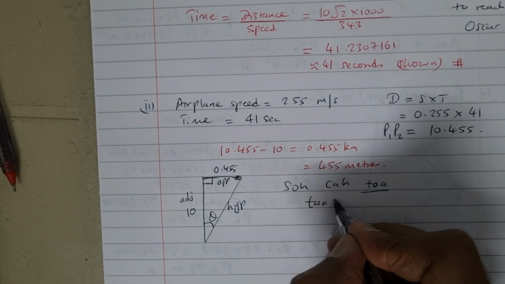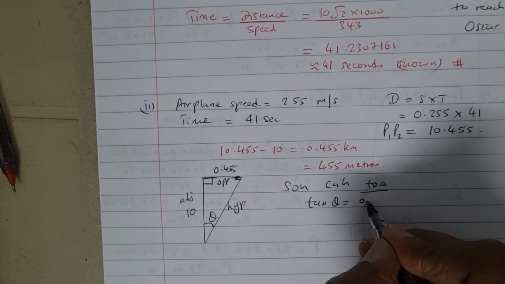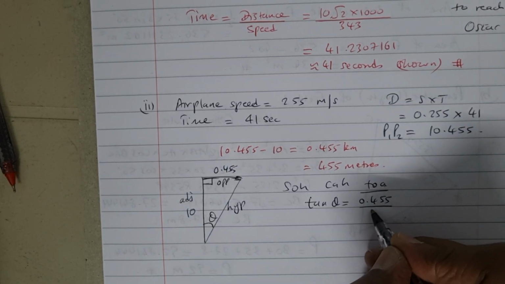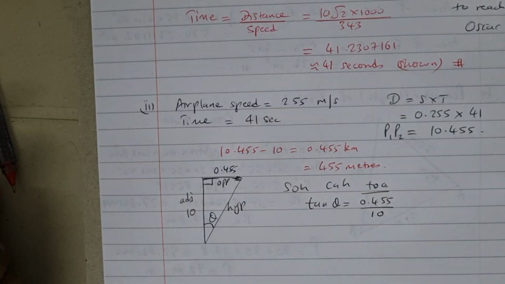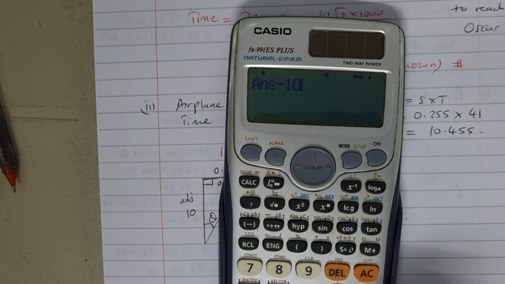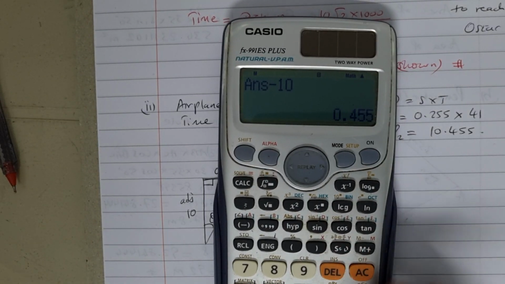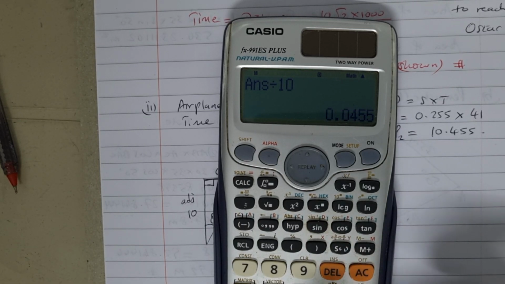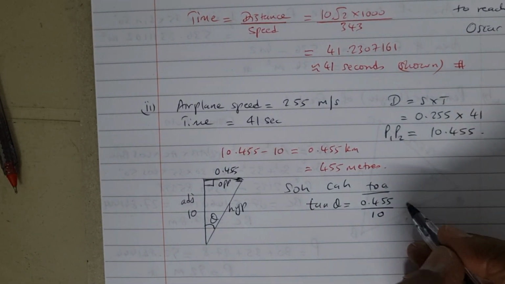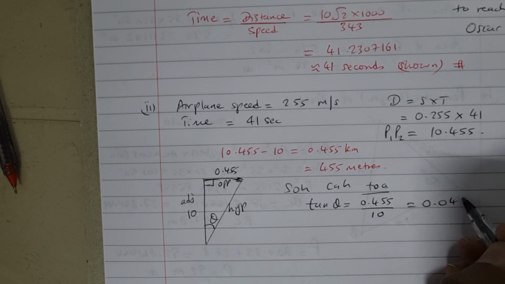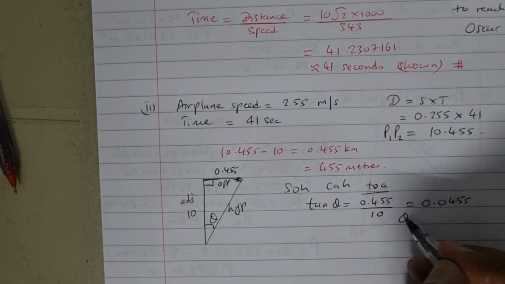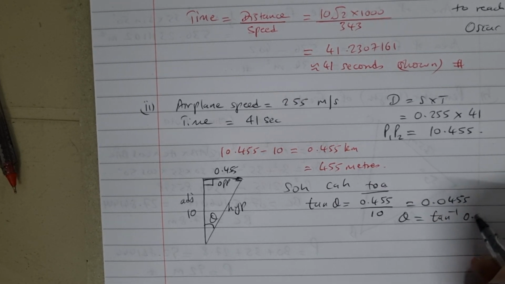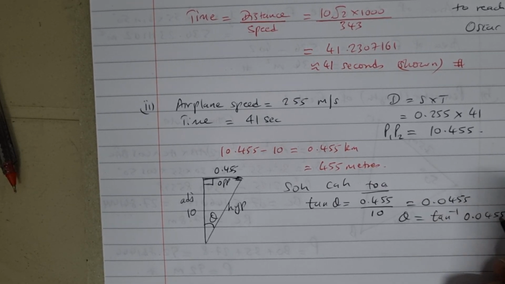So we say tan of theta is equal to the opposite over the adjacent, which is then 0.455 divided by 10, and I get 0.0455. So theta is going to be equal to tan inverse, or arctan, of 0.0455.